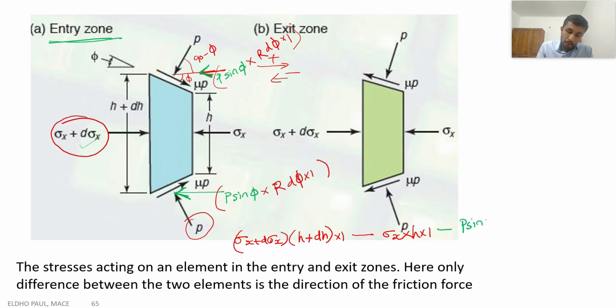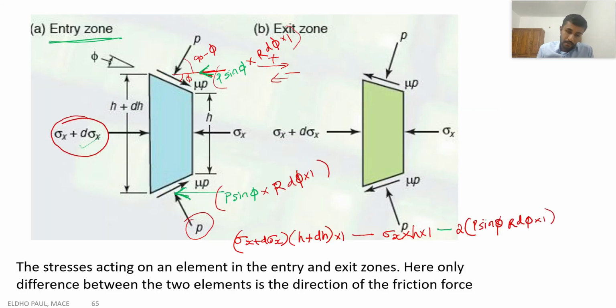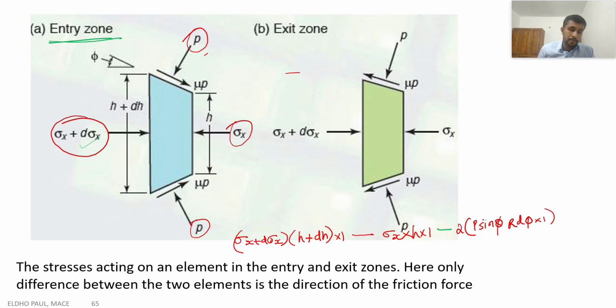So here we have 2 into P sin phi into r d phi into 1. So that is the 2 P r d phi sin phi. So we converted this P into the horizontal component. Sigma x is completed. This P is also completed.